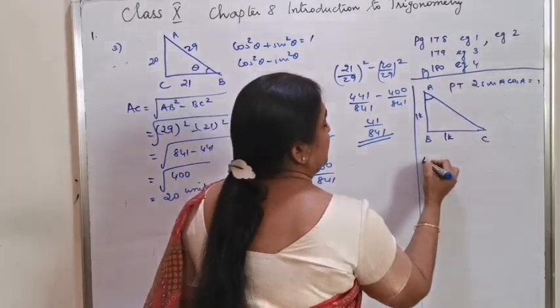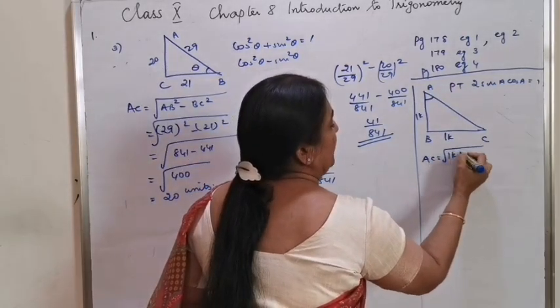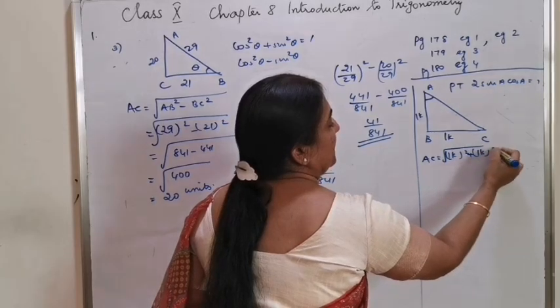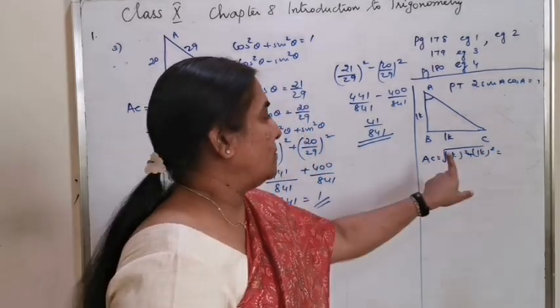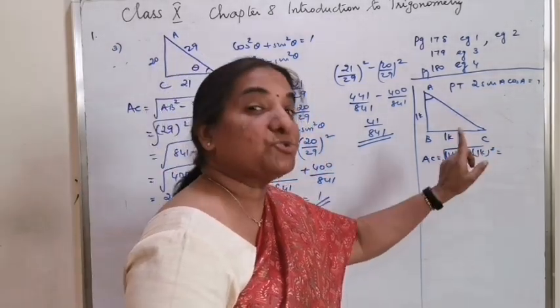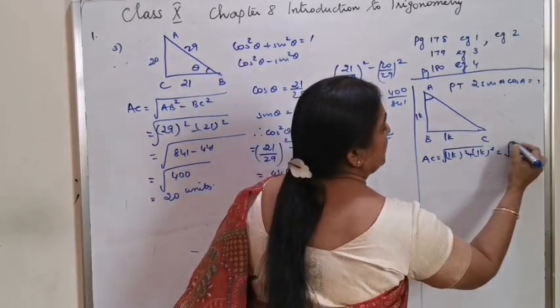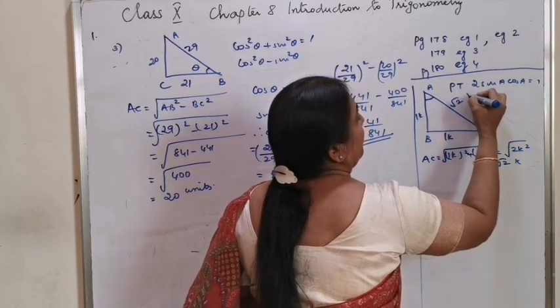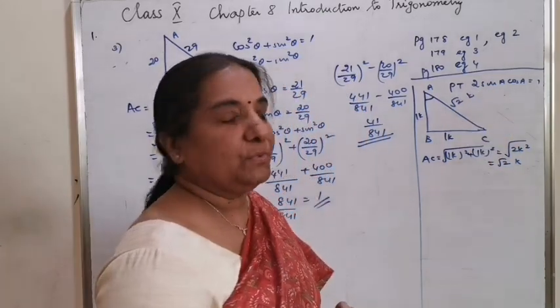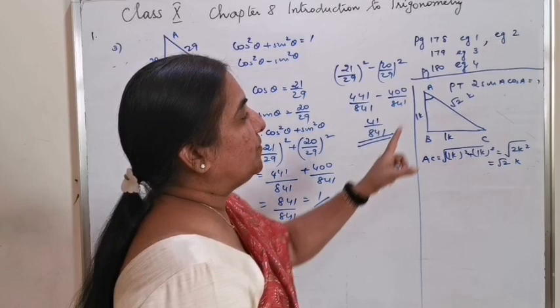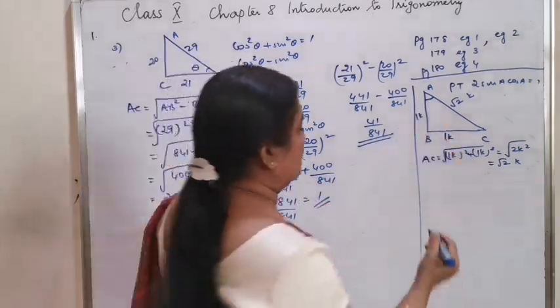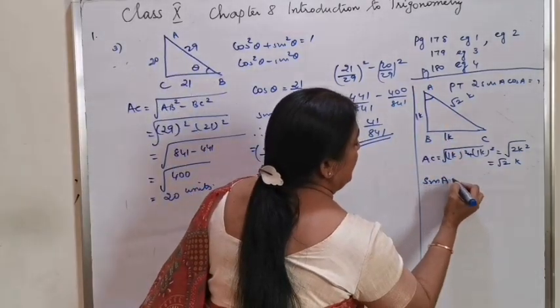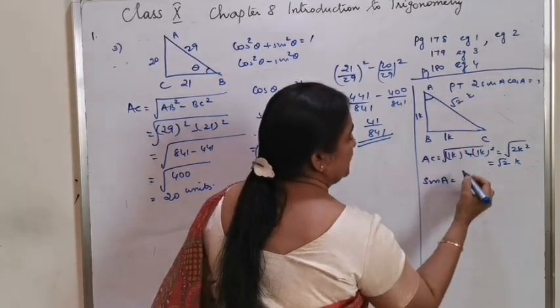AC has to be found out as square root of 1k the whole square plus 1k the whole square. That is 1k square plus 1k square is 2k square, or it is square root of 2k square, or root 2k. Now, what is to prove is 2 sin A cos A. Sin A is equal to opposite by hypotenuse.